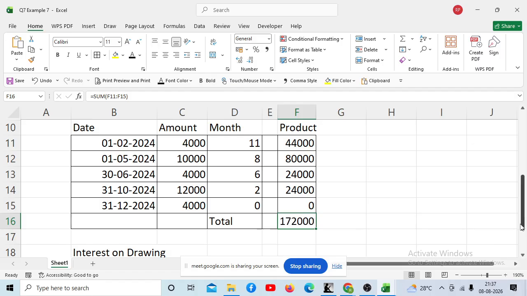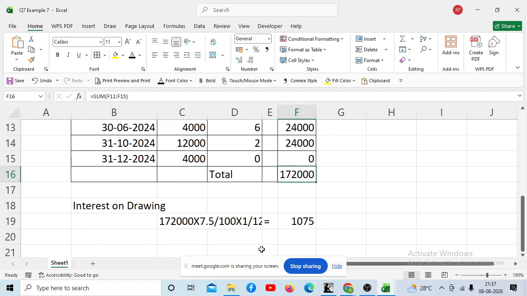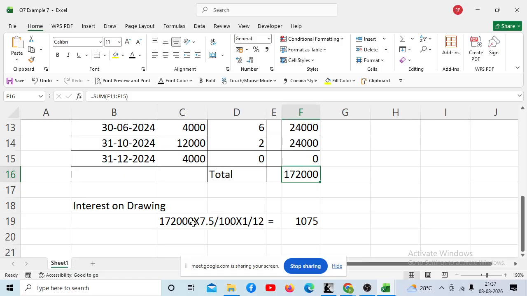So now what will be the interest on drawing? It will be 1,72,000 into 7.5%, and into, since it is the product method, we will take it for 1 month only, because we have considered all the months. So into 1/12.